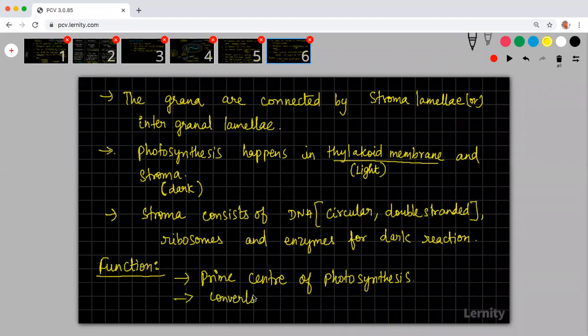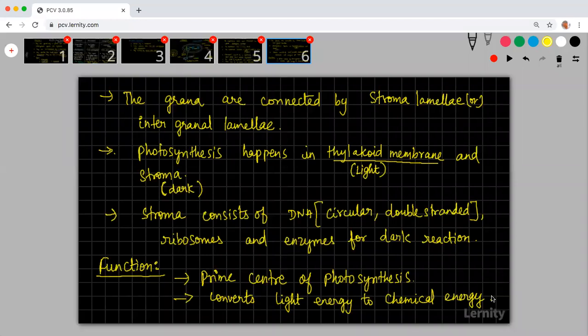It converts light energy to chemical energy. Okay, so with this, we are done with the plastids.